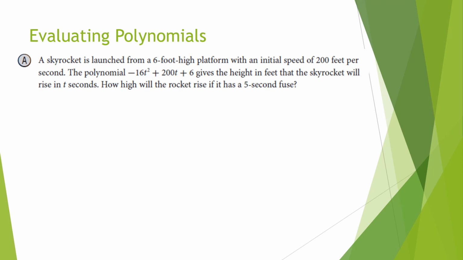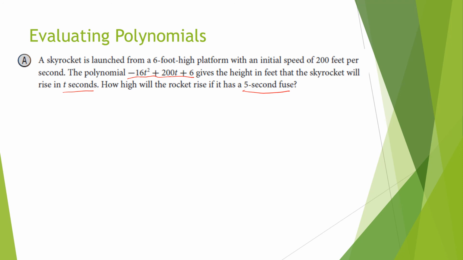The polynomial is negative 16 t power 2 plus 200t plus 6, which gives the height in feet that the skyrocket will rise in t seconds.